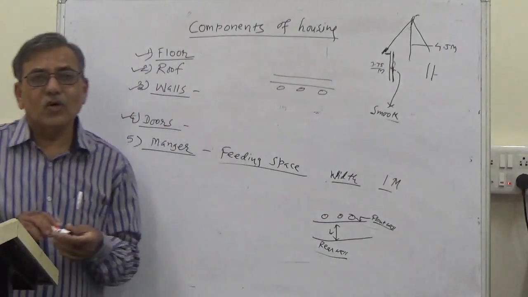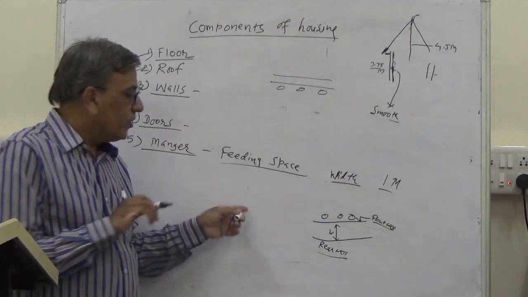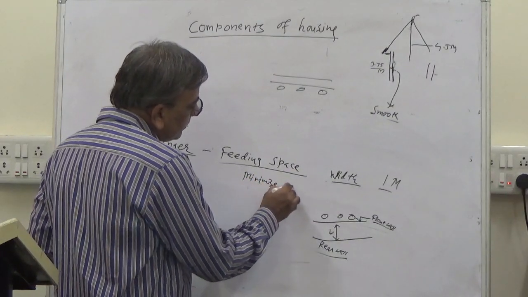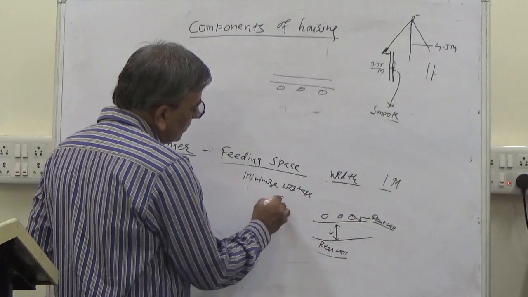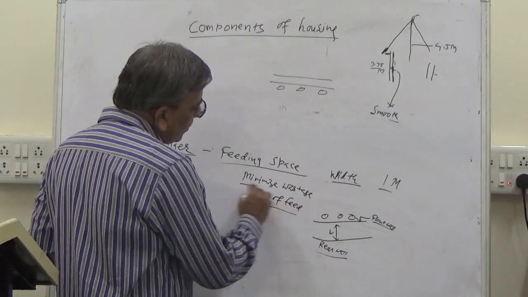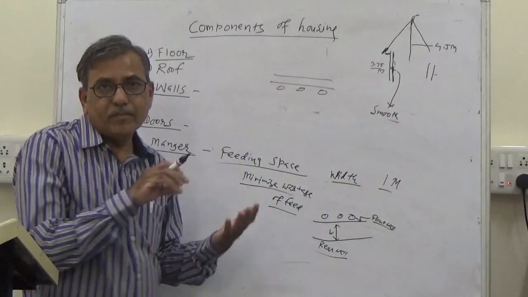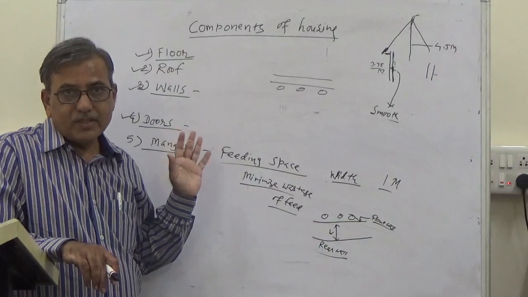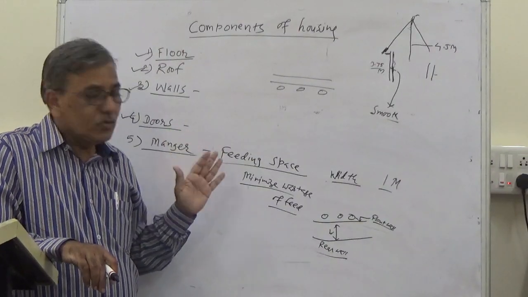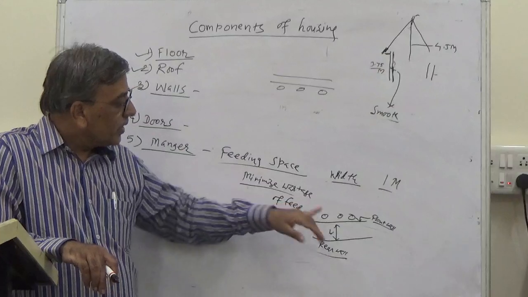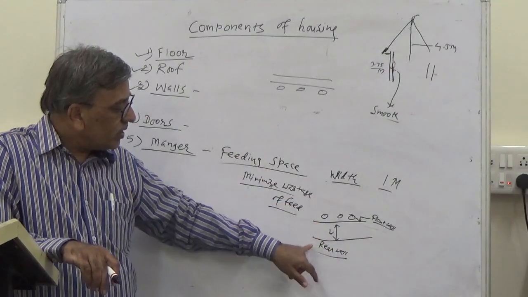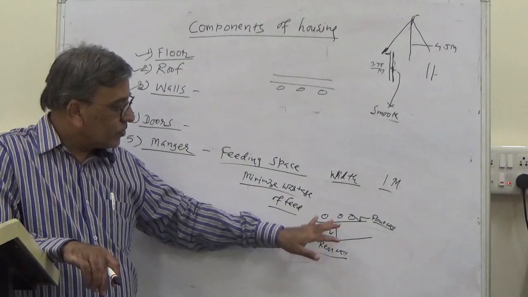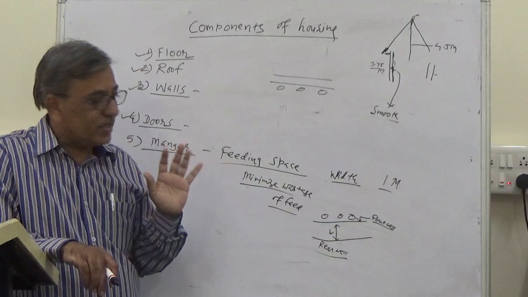The height of these walls should be such that it minimizes the wastage of feed, because while taking the feed from the manger, the feed may ooze out and be wasted. So to take care of the wastage of feed, the height of the front wall and the rear wall is to be constructed with specifications.